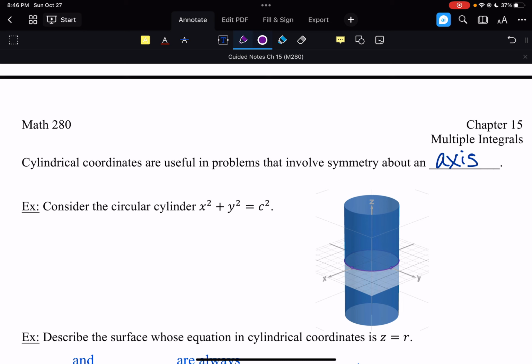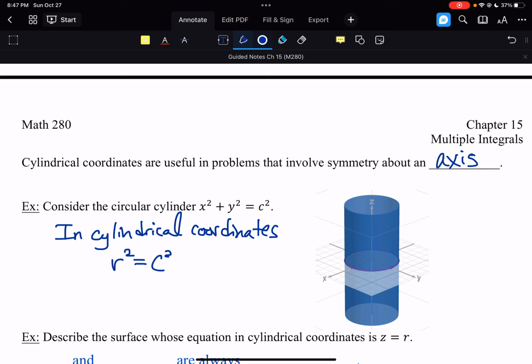So if we look in cylindrical coordinates, this is r squared equals c squared, which is just r equals c. So this would be the equation of the cylinder.